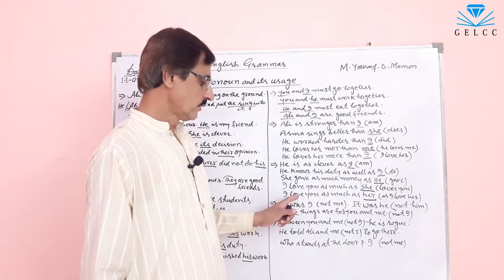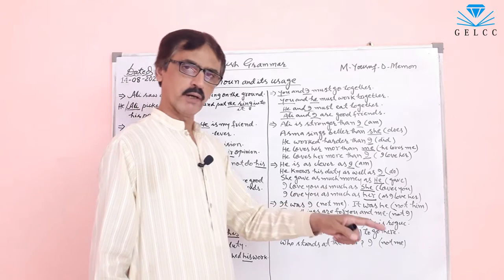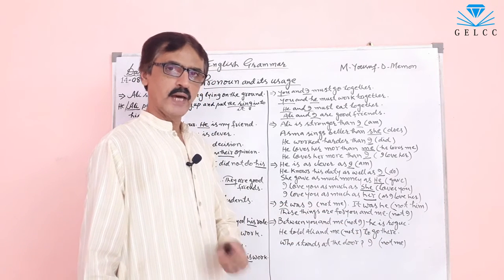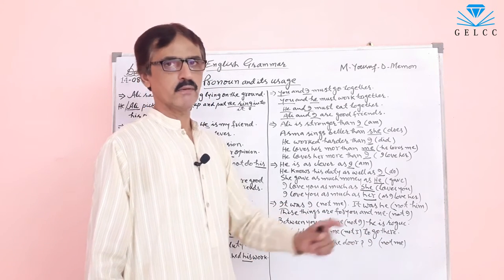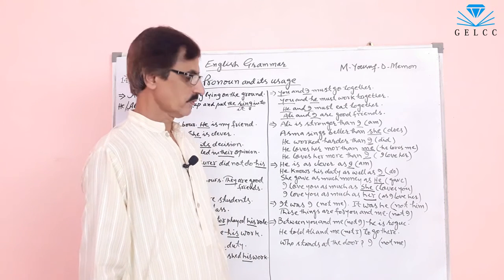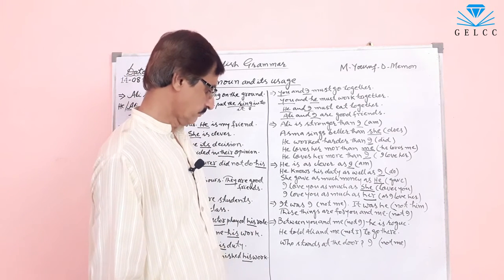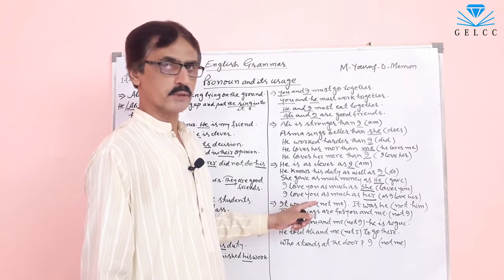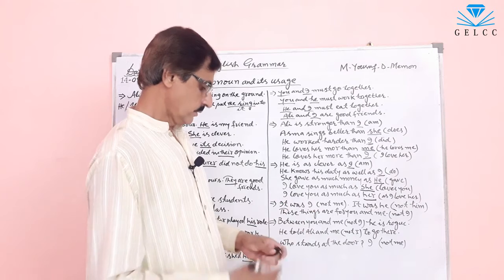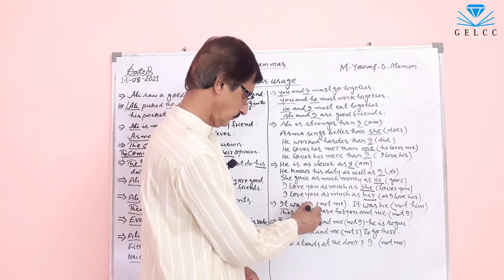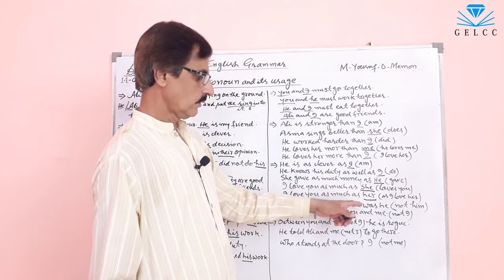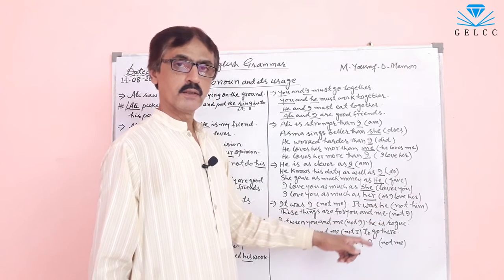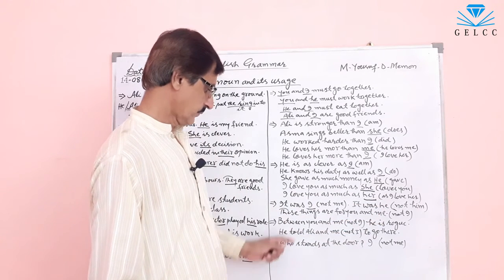I love you, I love her. I love you as much as I love her. There is objective case. Now, next point. It was I, not me. It was I. It was he, not him.